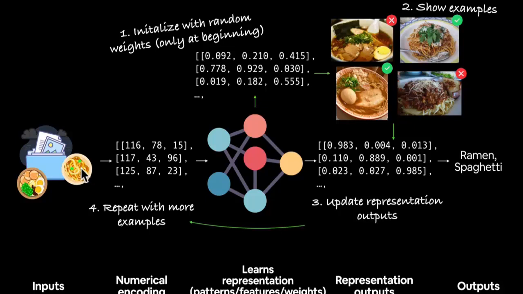Now, this order could affect how our neural network learns. If it goes through these images in order, it might start to adjust its random weights too much to the images of ramen, because if it goes through 10,000 images of ramen, it's like, okay, well, I only have to learn what ramen looks like. It doesn't know that it has to also learn what spaghetti looks like until it goes to the last 5,000 images.